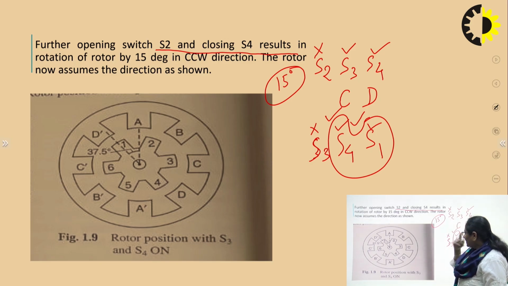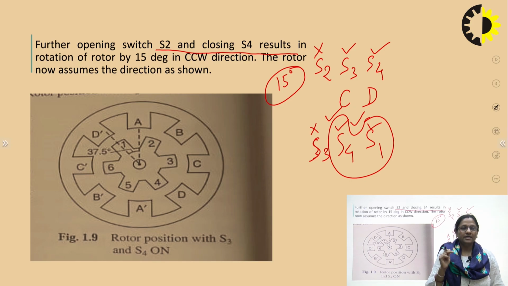So, rotor will again assume an intermediate position at a place such that the forces exerted on the rotor by phase D magnetic field and by phase A magnetic field are equal and opposite and balancing each other.